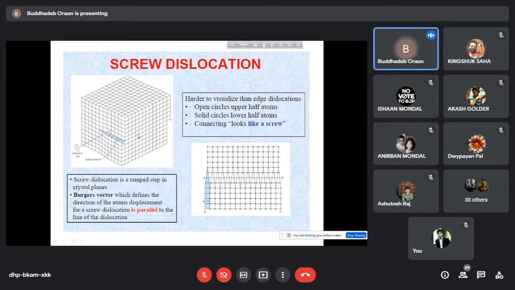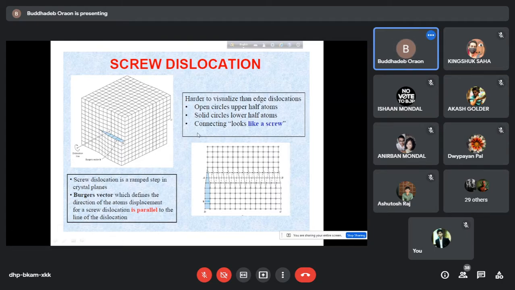You see, from the diagram it is clear. Let us see the open circles. After this diagram you have to look at this diagram, then it will be clear. Then it will look like a screw, because this is the 3-dimensional view we are taking, and here we have taken the top view of the diagram.